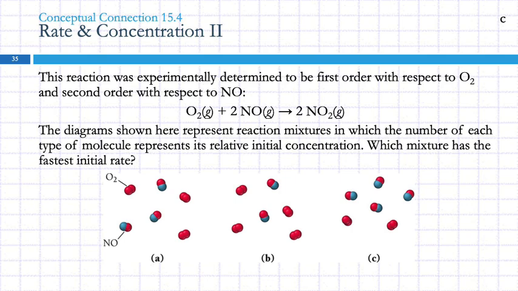Why do we need more NO? Pardon me? Why do we need more NO? I'm sorry, that's an excellent question. This is saying it's second order with respect to NO. So if we write out the rate law, it's easy to get those mixed up.